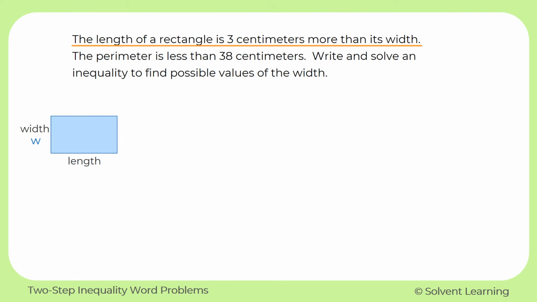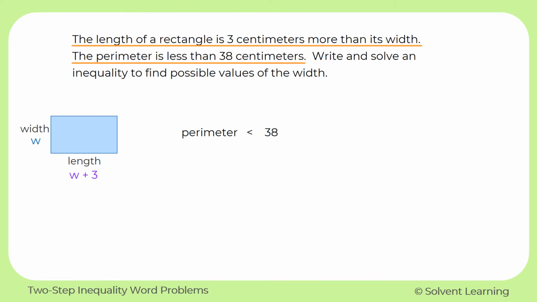The length is 3 centimeters more than the width, so we can write the length as W plus 3. We're also told that the perimeter is less than 38 centimeters, so let's write that as an inequality: perimeter is less than 38.